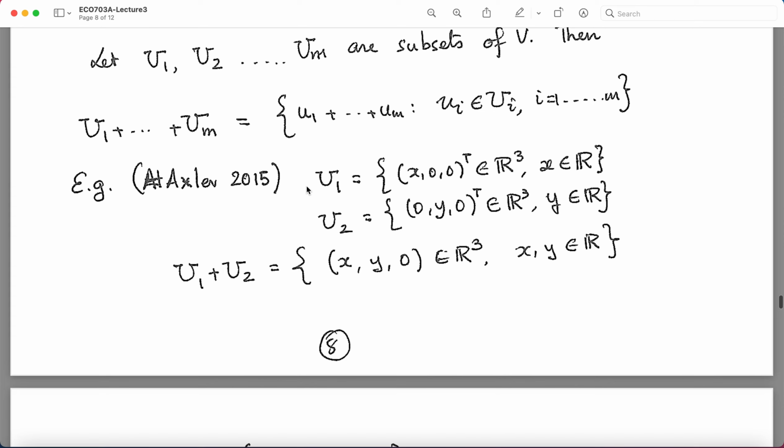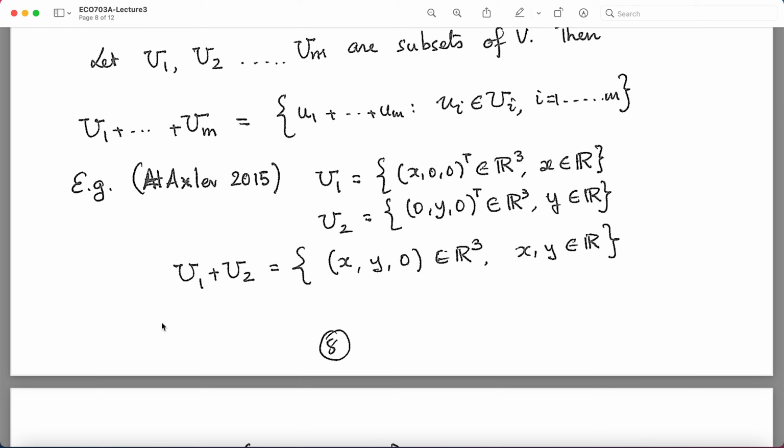Suppose I take any element of U1 plus U2. So u1 would be in U1 and v1 would be in U2. If I take any two elements in U1 plus U2, v and w, then v can be written as v1 plus v2, where v1 is in U1, v2 is in U2, and w can be written as w1 plus w2, where w1 is in U1, w2 is in U2.